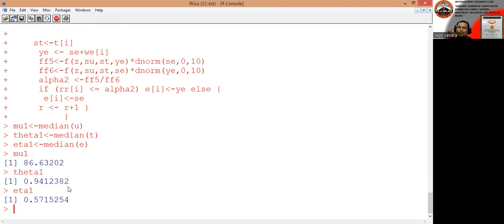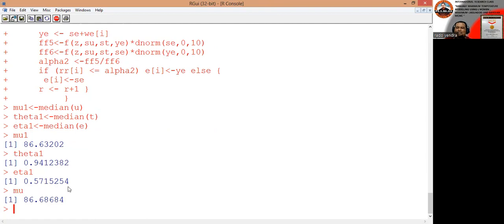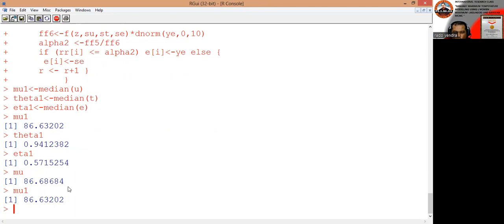Now we have three methods to estimate the GEV distribution for the maximum temperature data. When I say MU, it means the C parameter using the maximum likelihood method. When I say MU1, it means the C parameter for the GEV distribution using the Bayesian MCMC.